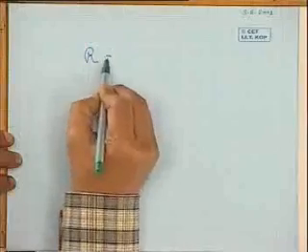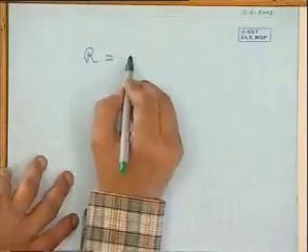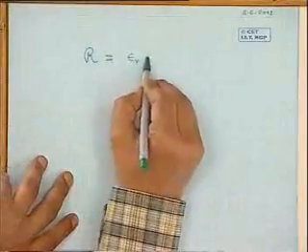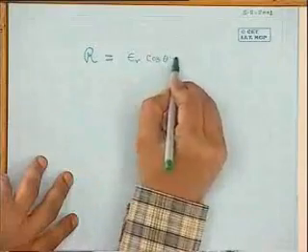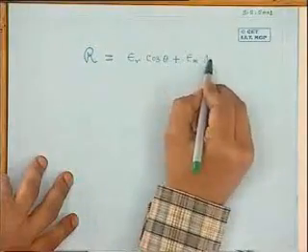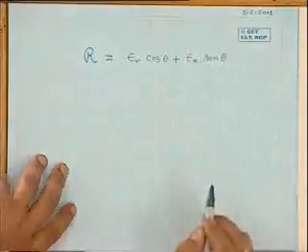So, the percentage regulation formula, this approximate formula, is sometimes written like this: epsilon r cosine theta plus epsilon x sine theta, where once again remember cosine theta is the load power factor and epsilon r, epsilon x are the per unit or percentage resistance and percentage reactance values of the transformer.